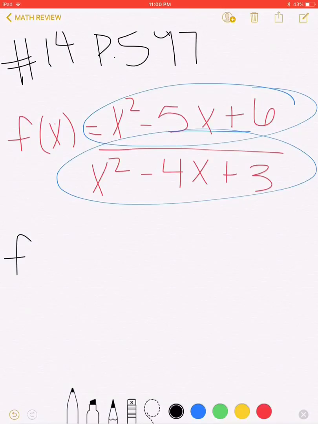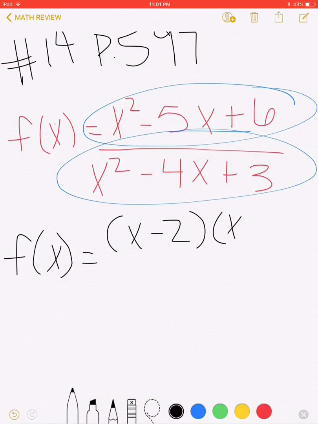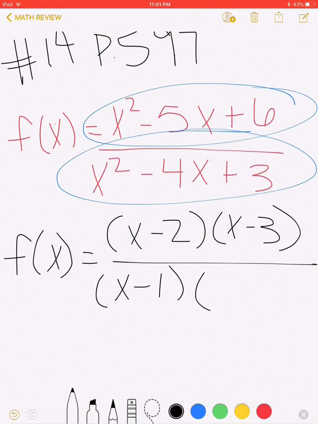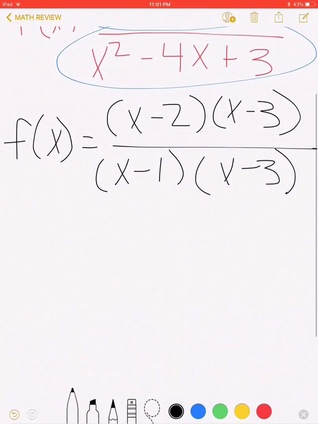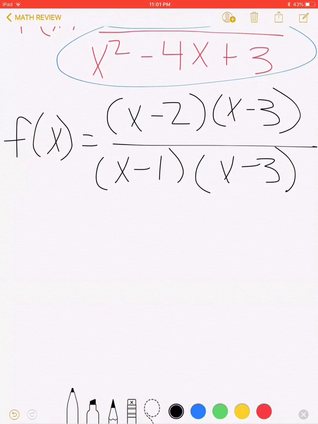So then you're going to get f of x equals x minus 2 times x minus 3 over x minus 1 times x minus 3. And x minus 3 is a factor of both the numerator and the denominator.